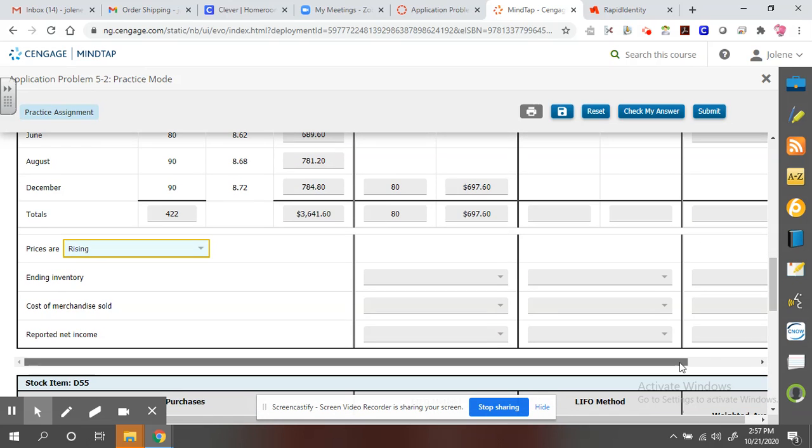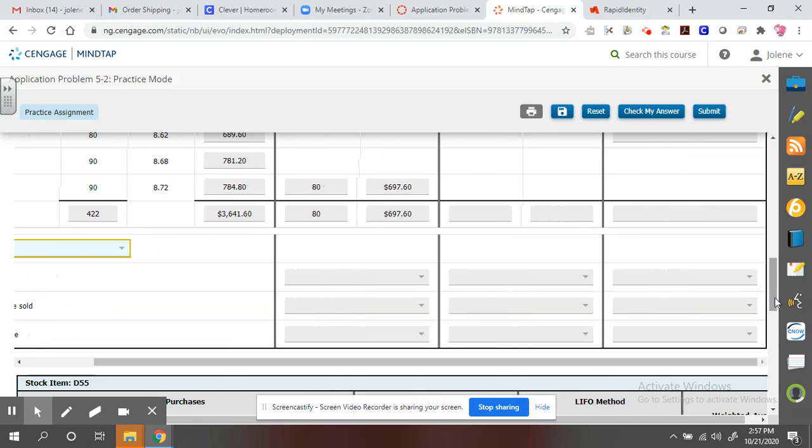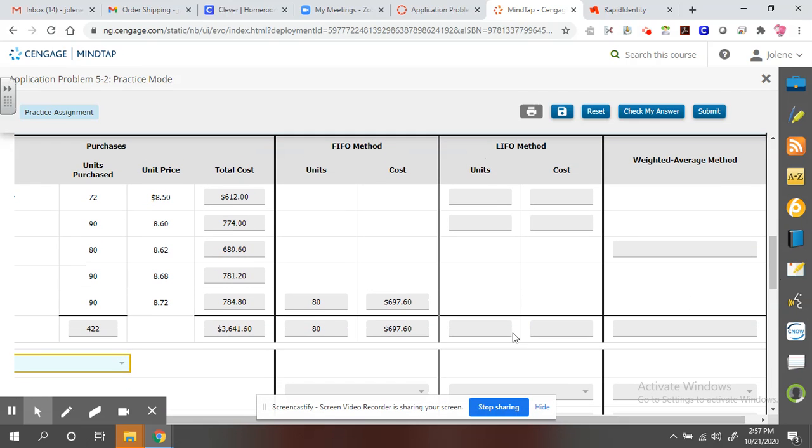So gotta go over. Now I still have to have 80 here. We got 72 plus 8. I took the whole 72 from what was first in there, and then 8 from the next shipment. So this is 612.